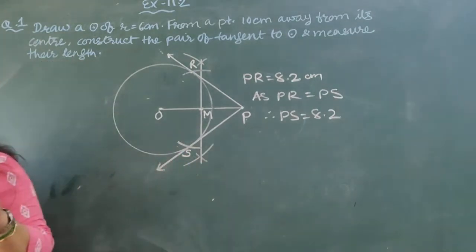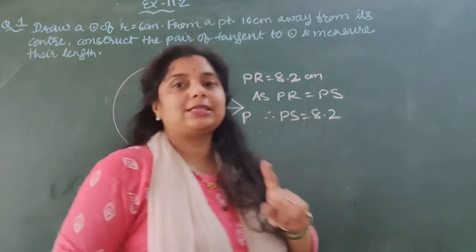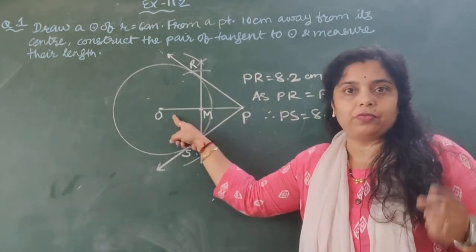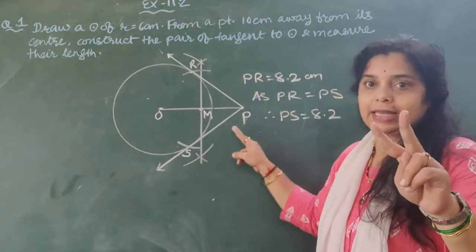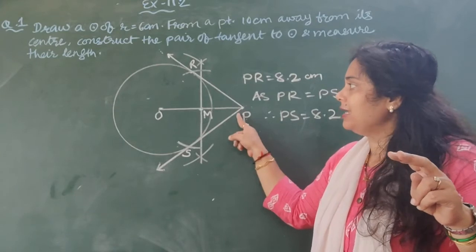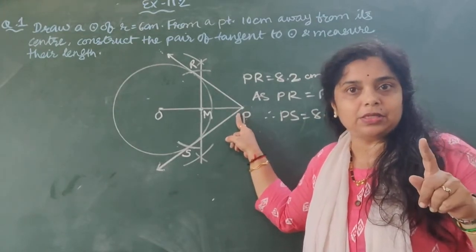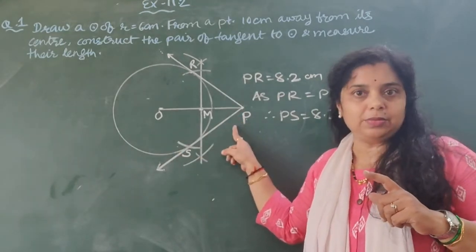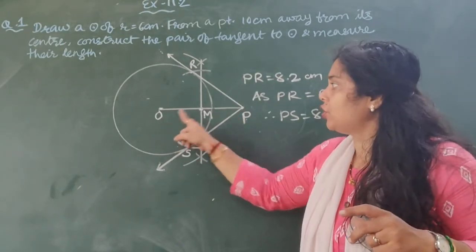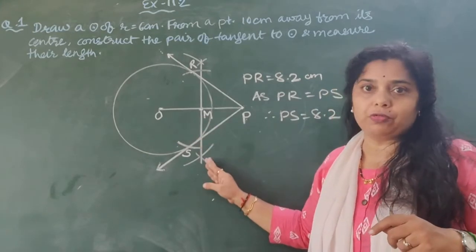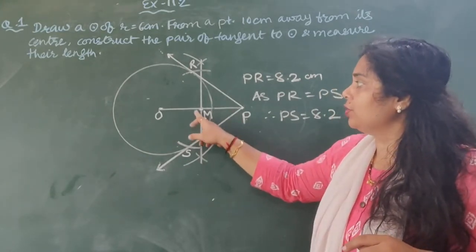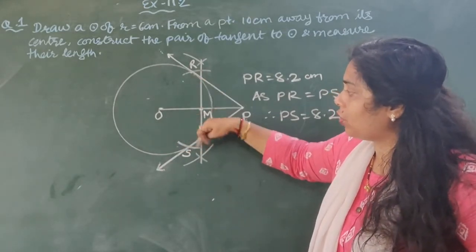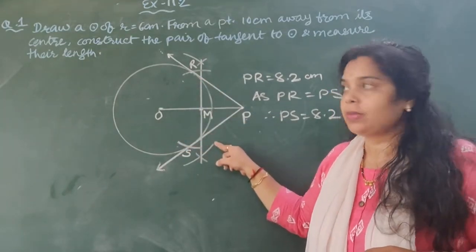Now again, I am telling you the steps. First step, draw a circle of 6 centimeter. Second step, make a line segment OP of 10 centimeter, or take a point P such that OP is equal to 10 centimeter. Third step, draw a perpendicular bisector of OP. Fourth step, with center M and radius OM, draw the arc on the original circle.